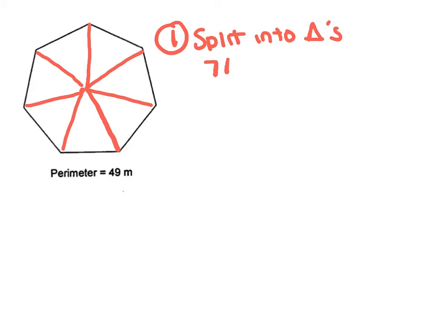So we have 7 triangles. Now, the key difference is that rather than giving us one side length, the problem tells us that the perimeter is 49. And since this is a regular polygon, we know that all of these sides are congruent.